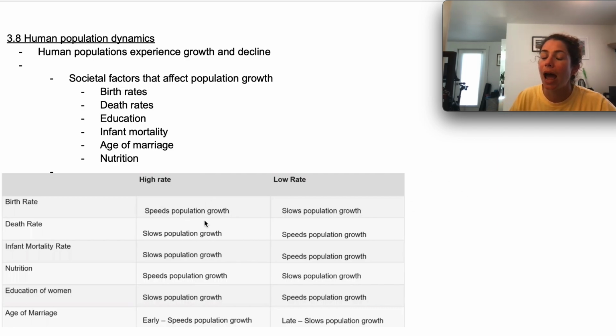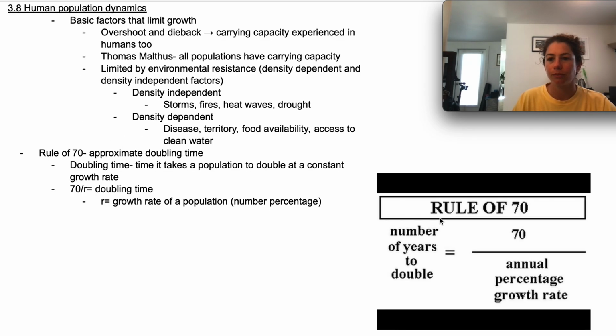And so I put how each of these rates will impact population growth. If you are exceeding your carrying capacity, for humans, you are going to experience conflict, famine, and potentially death.